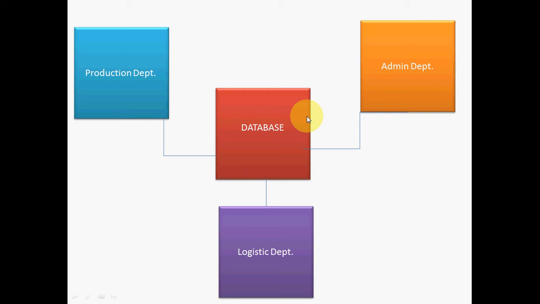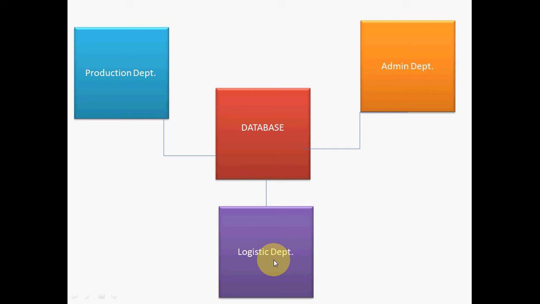I have put a database as an Excel file in their shared drive folder, and they have three departments: production, admin, and logistics. So I have developed three modules, and in these modules there are a lot of features.